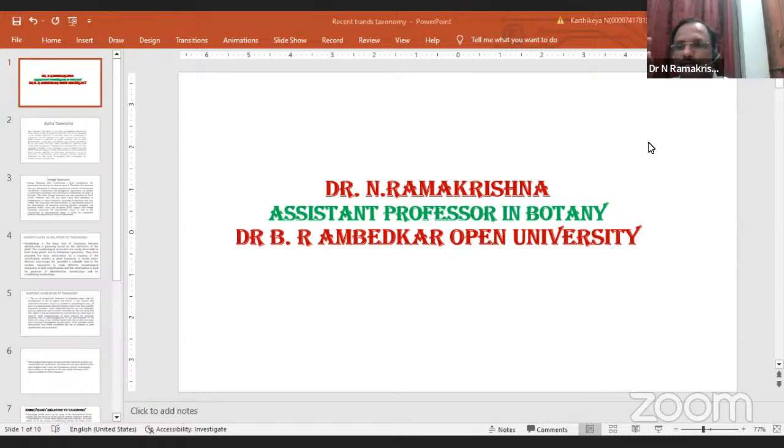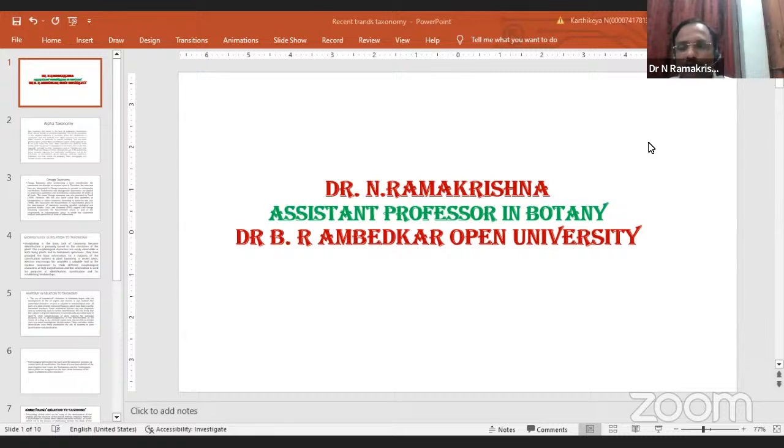Magnoliophyta. Instead of angiosperms, we say Magnoliophyta. So Magnoliophyta, meaning angiosperms, is divided into two categories, as you already know very well: Magnoliopsida and Liliopsida.